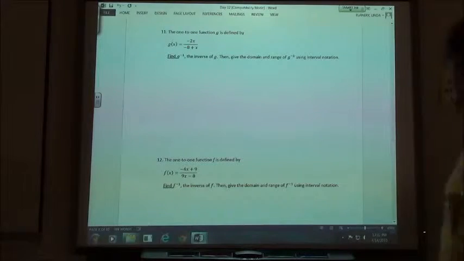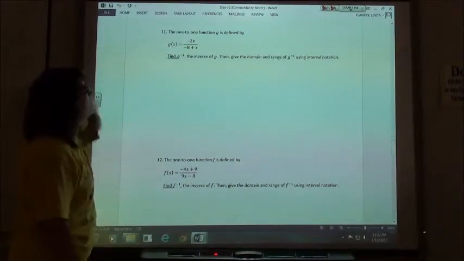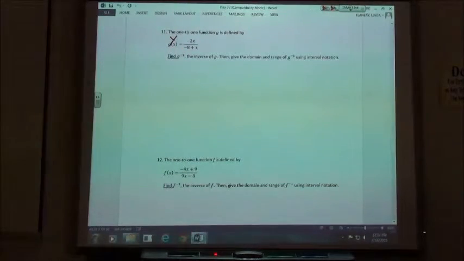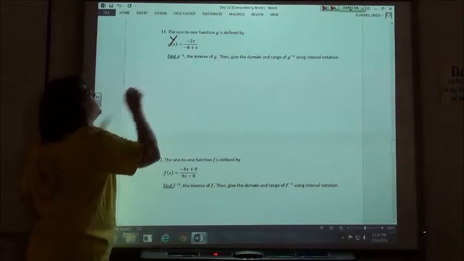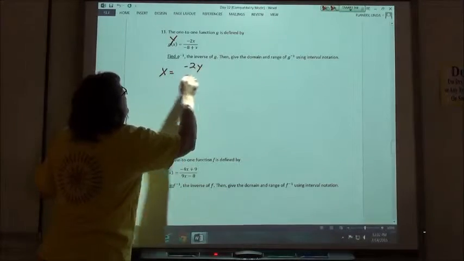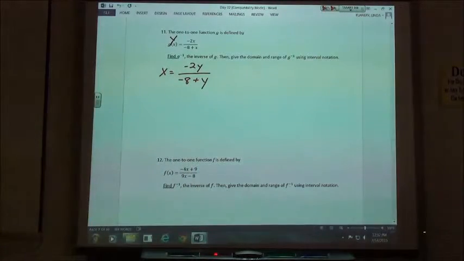Number 11 then, same kind of thing. Here's my function in regular notation. I'm going to replace the functional notation with a y, and then I'm going to do the inverse. So the inverse would be what? x equals negative 2y over negative 8 plus y.